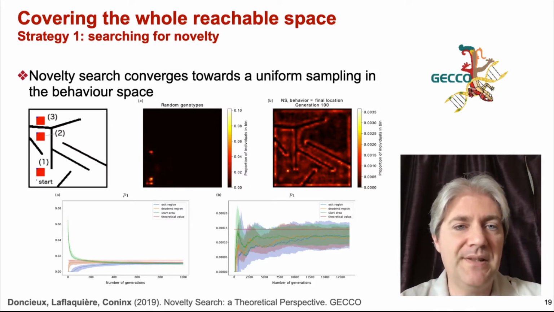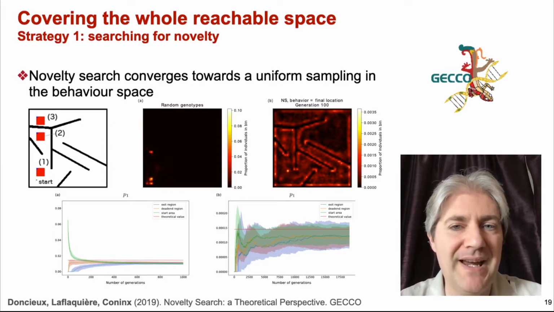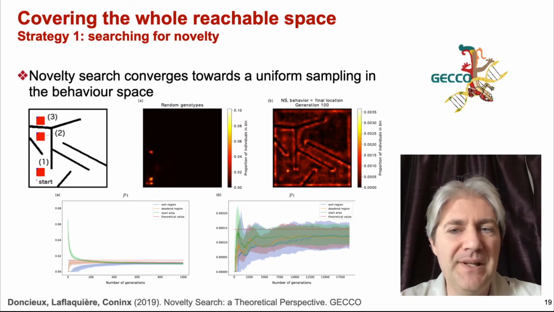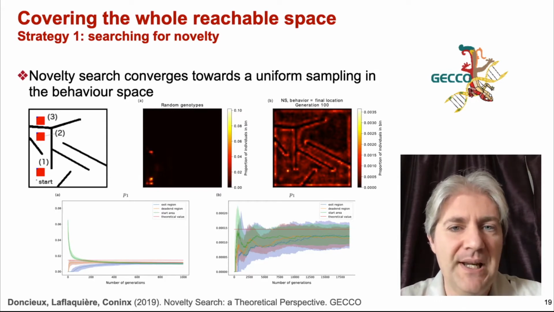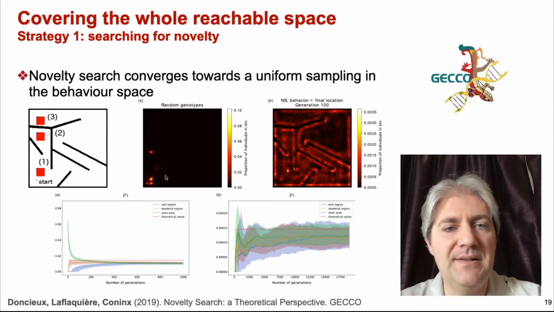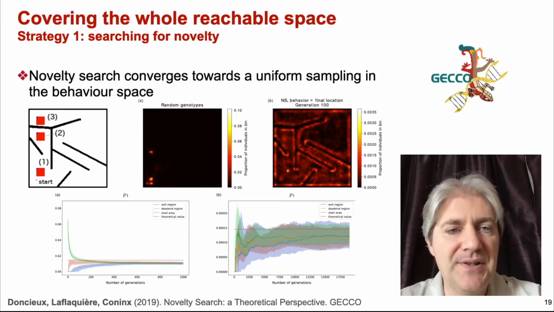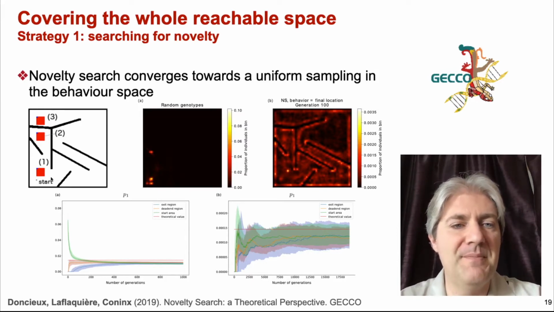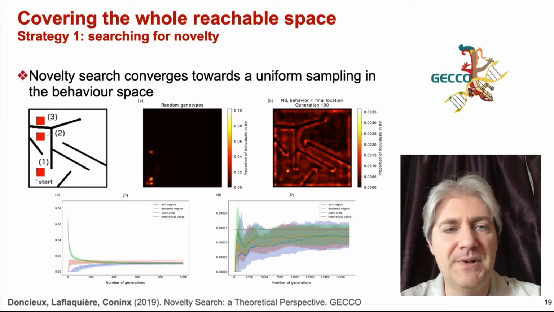Okay, so what does novelty search perform? A very interesting feature of novelty search is that actually it tends towards a uniform sampling in the behavior space. So actually sampling in this behavior space is not straightforward. If we look at random genotypes and where they are projected into the behavior space, we can observe that they cover only a very small part of the behavior space. So here we are considering this maze navigation problem in which novelty search was first tested.